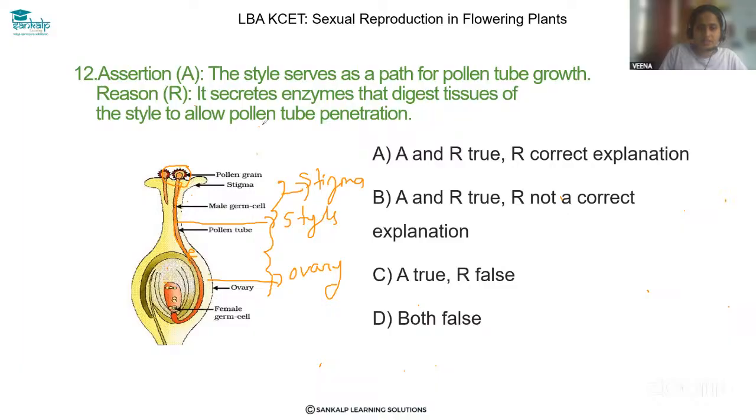And then the reason: it secretes enzyme that digests the tissue of the style to allow pollen tube penetration. That is also true because in the style there are enzymes. Those enzymes will digest the tissue present inside the style region, and it allows the pollen tube penetration into the style to reach the ovary.